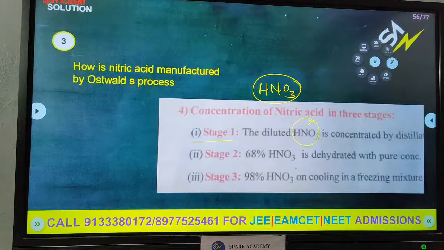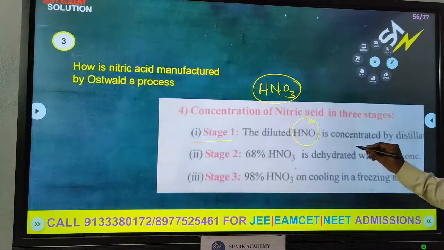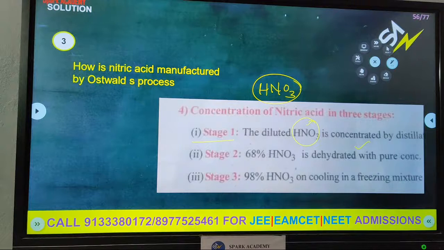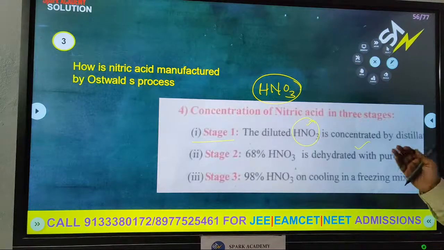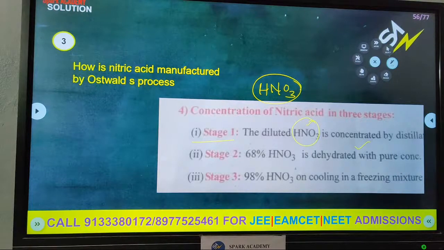Stage 2, 68% HNO3 is dehydrated with pure concentrated acid. If any water molecules are there, we remove them by dehydration in stage 2. This is also a concentration method, and its result is 98%. So we get 98% HNO3.